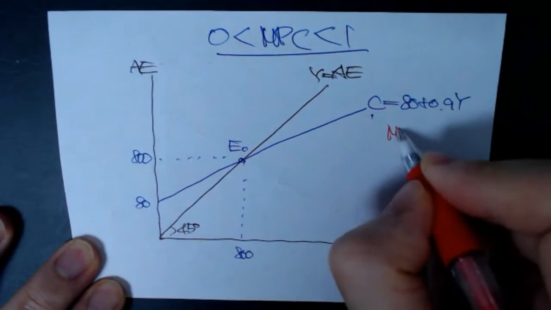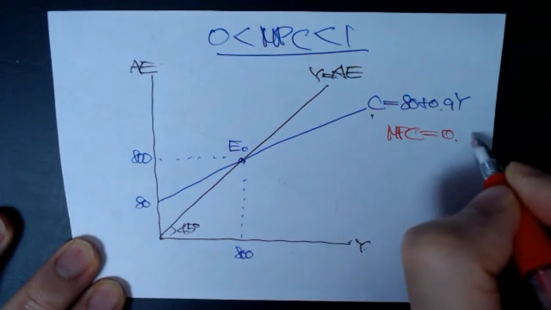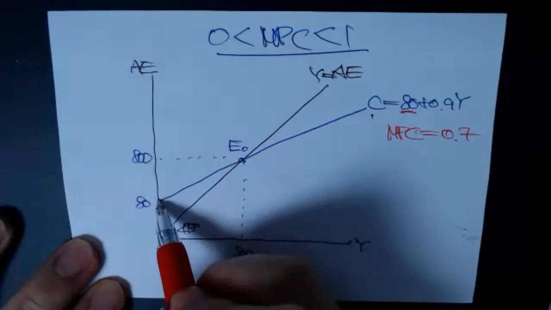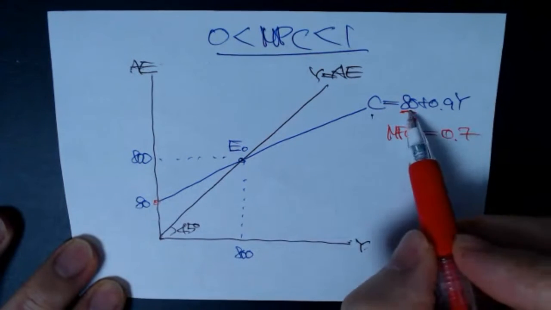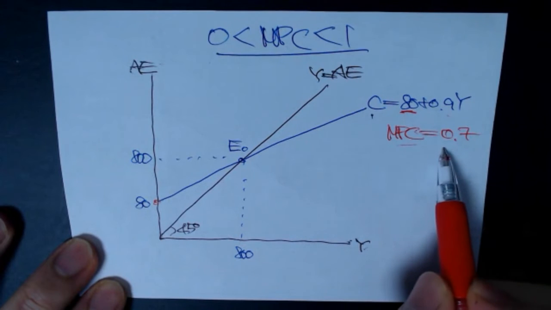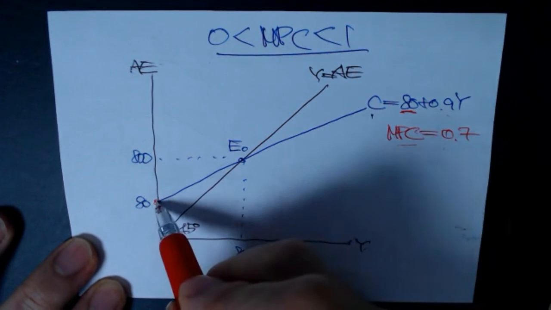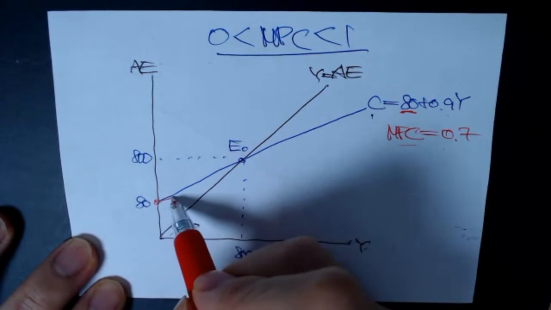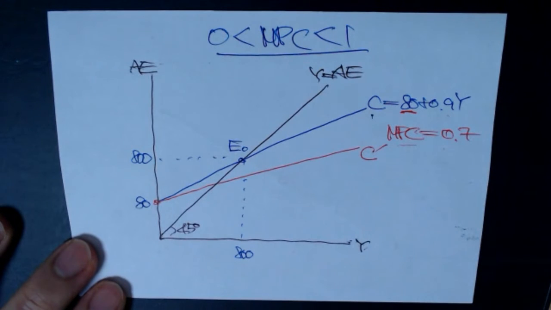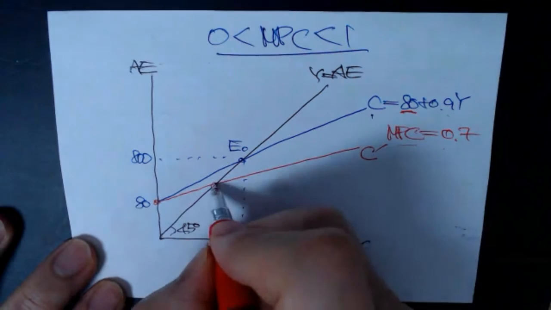What if MPC is 0.7, for example? Then we still begin from 80. Now instead of 0.9, the MPC is 0.7, which means that the new graph should be flatter like this. So the new equilibrium will happen here.